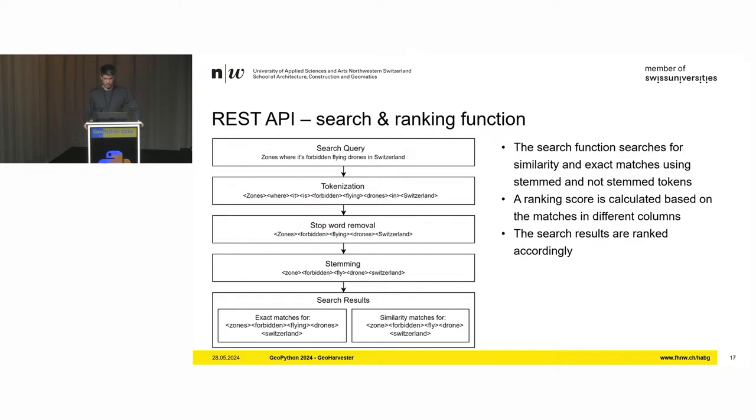For stemmed words, it searches just for similarity matches, and for not stemmed words, it searches for exact matches. So if I search for a word and it finds exactly that word, then it will give more points to the ranking score. In this way, I can calculate a ranking score for each entry and then rank my search results accordingly.